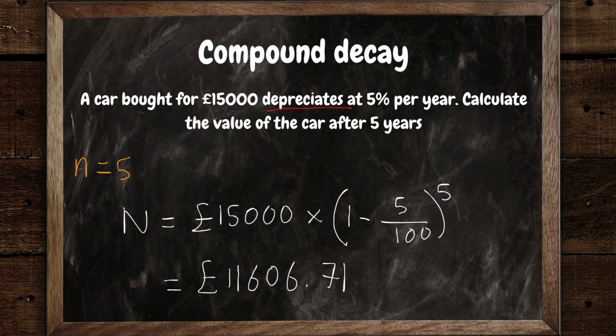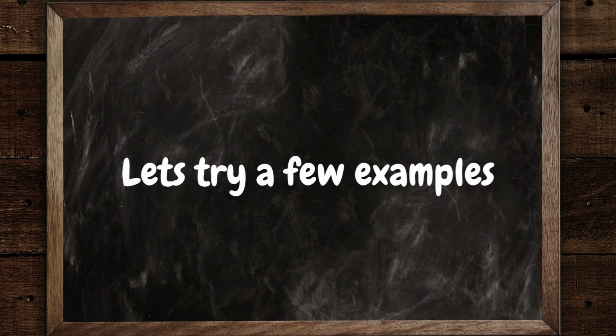So N equals £15,000 times 1 minus, because it's decay this time, 5% over 100, and N will be 5. So at the end of the 5 years, the car will now be worth £11,606 and 71 pence.